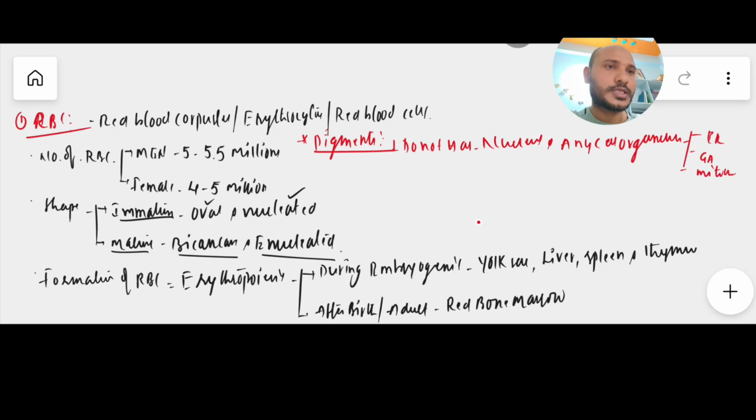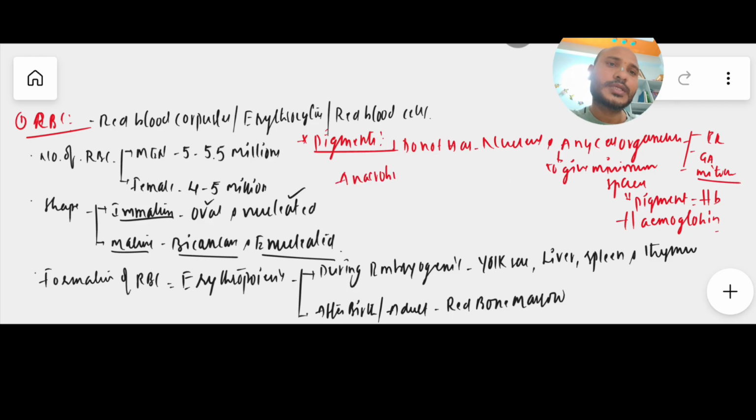All these cell organelles are absent. Why? To provide minimum space to the pigment, which is hemoglobin. Due to the absence of cell organelles, especially mitochondria, RBC performs anaerobic respiration.